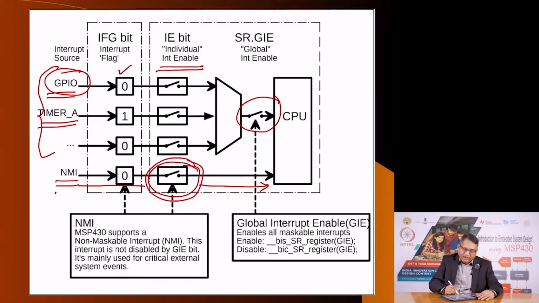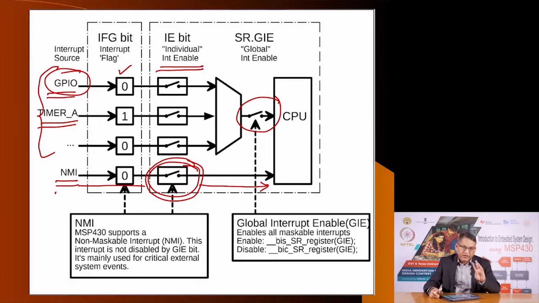If this switch has been enabled, the moment an external non-maskable interrupt happens, the CPU will have to respond to it. And so, we will see how you control and manipulate these switches, so that external events could lead to an interrupt, in response to which the microcontroller will execute an interrupt subroutine.